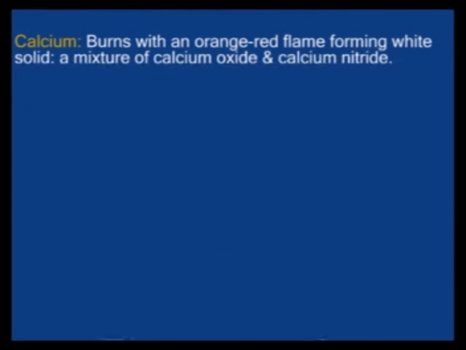Calcium burns with a faint orange-red flame, forming a white solid which is a mixture of calcium oxide and calcium nitride.